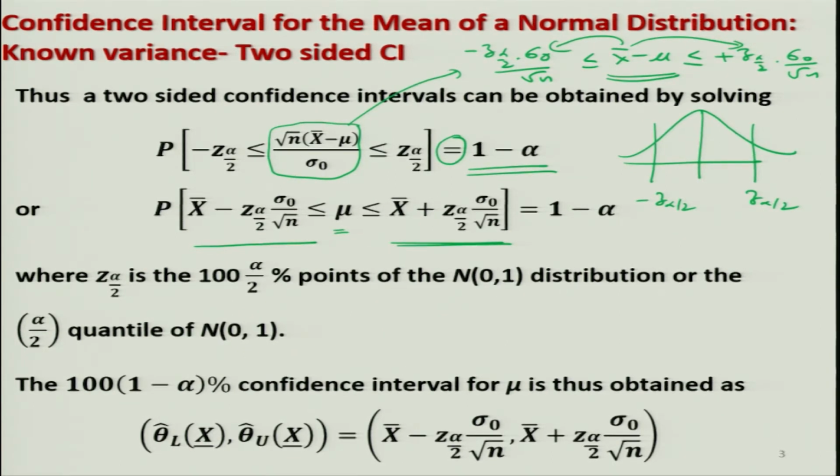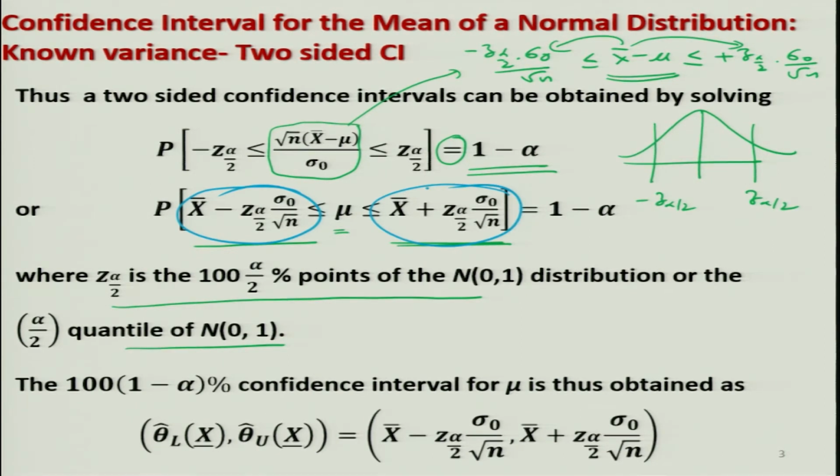And you know that this z alpha by 2 is the 100 alpha by 2 percent point on the normal 0 1 distribution, or the alpha by 2th quantile of normal 0 1. So, now I can say that these are the lower and upper limits of mu, right. This is the lower bound and this is the upper bound.